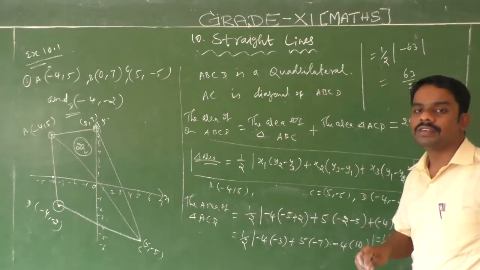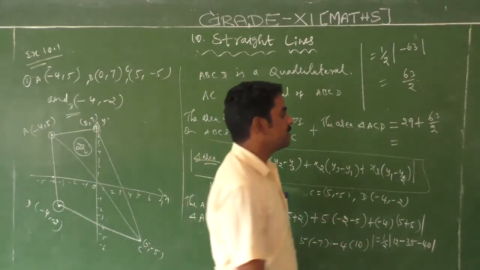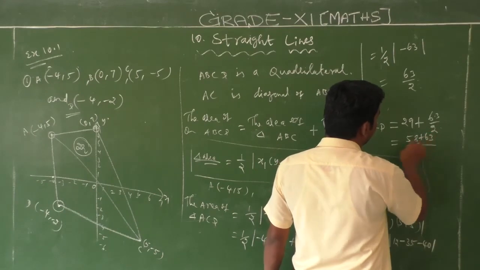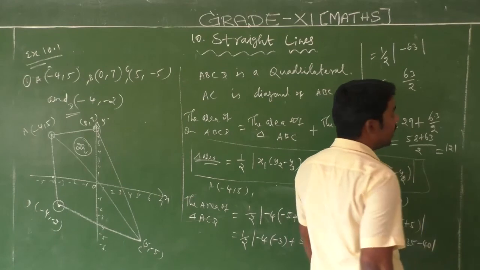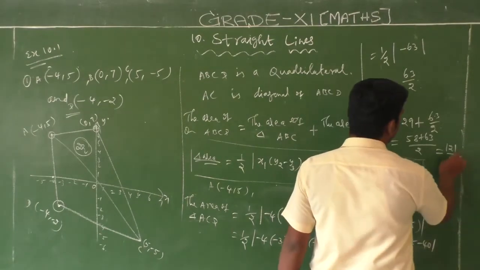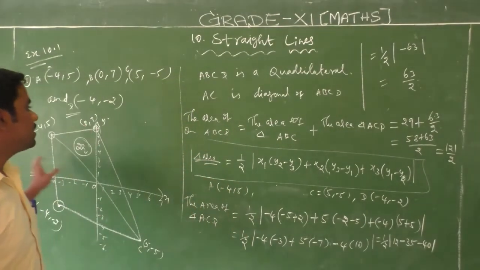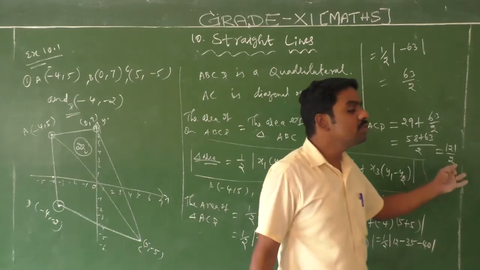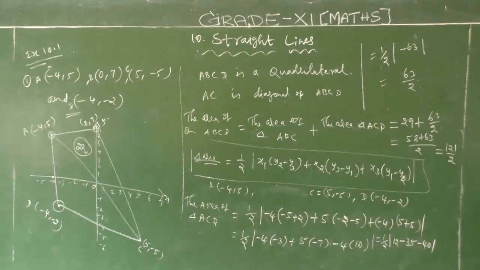Simplify this: 29 plus 63/2 is 58 plus 63 divided by 2, which is 121 divided by 2. Therefore, the area of quadrilateral ABCD is 121 divided by 2 square units. Okay?